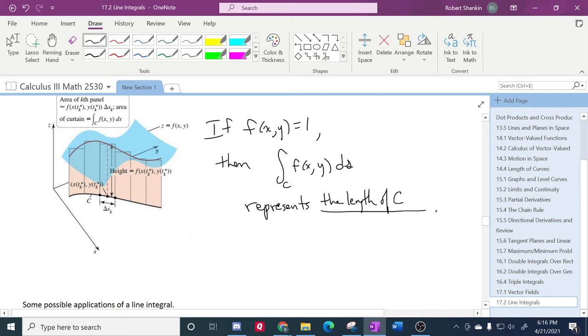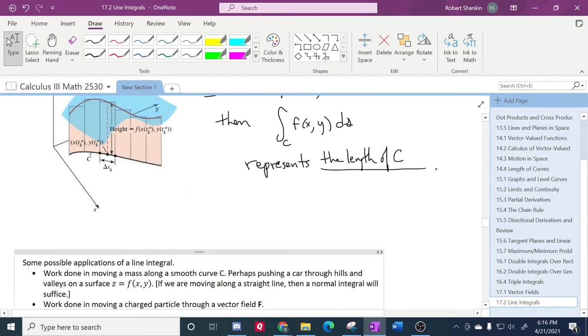You're pushing with a lot of effort when this is higher, and with less effort when it's down low, because sometimes you're pushing just slightly uphill, sometimes very much uphill, and so on. And so along this path C, the work is force, which is the height, times the distance, and the distance you're moving is the path C.